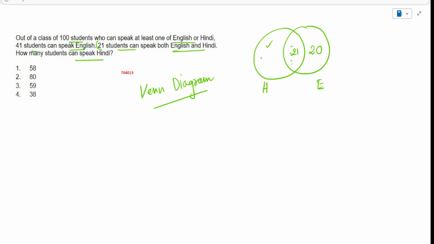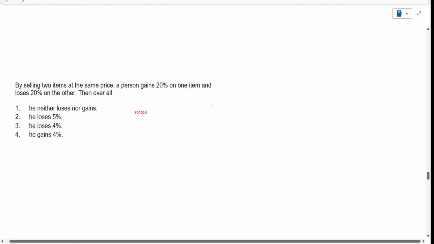What is this? 41, that is, this is 59. So what is the total number of students that speak Hindi? So 59 students can speak only Hindi, but 21 people also speak Hindi with English. Therefore, the Hindi-speaking students are 59 plus 21. This is 80. Next question.